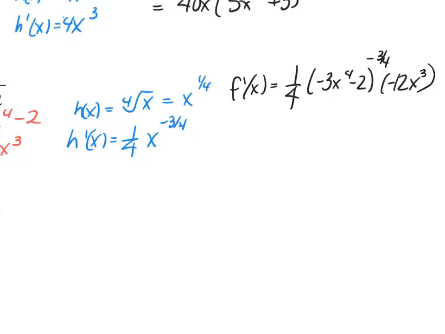Rearranging it, I'm going to put negative 12 over 4, which reduces to negative 3, and then x to the third. And then I'm just going to write my exponent positive, which means I'm going to bring that down in the denominator. And so it's going to be 3x to the 4th minus 2 raised to the positive 3/4, just to make my exponent positive.